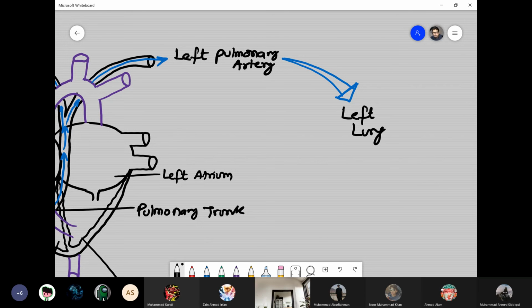Just remember that this is deoxygenated blood.